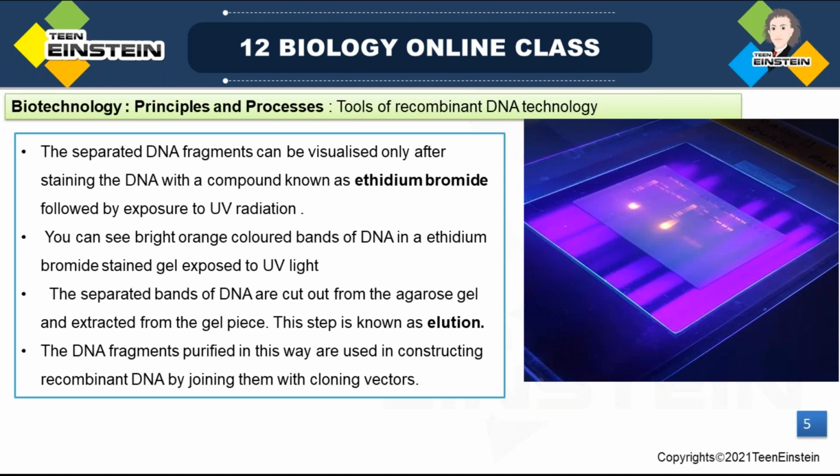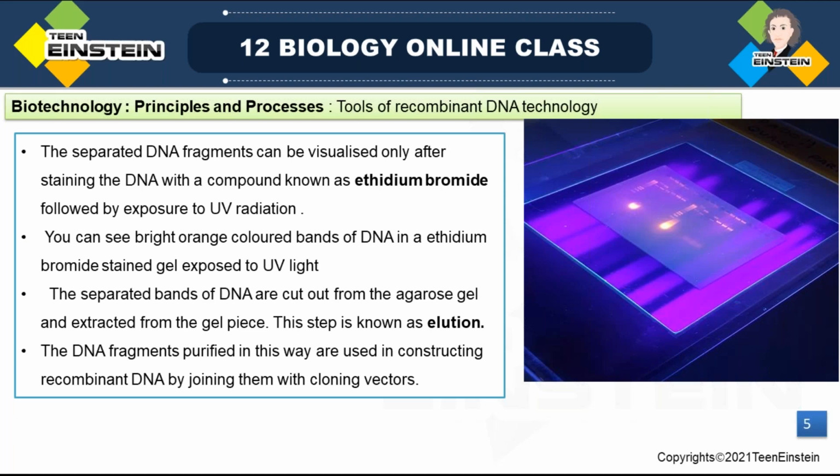So like this, the DNA fragments are separated to make the recombinant DNA, or rDNA, and then it is joined with the cloning vector. While saying it, we say first we need to find the foreign DNA, then join it with the vector DNA, then place it in the host organism. It's very easy to say, but there are many steps.